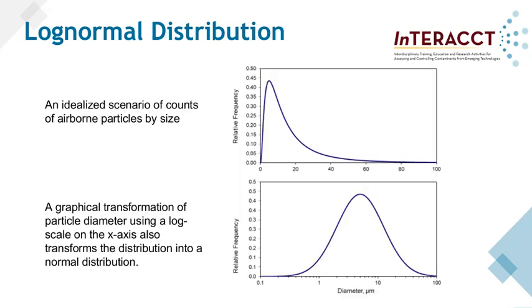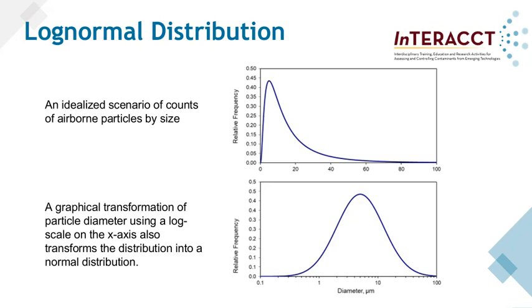Here are plots of an ideal scenario of the distribution of counts of airborne particles by size in micrometers. The top plot shows a skewed distribution with a mode, the most frequent number, of 5 microns, and a distribution that slopes to the right, with some particles even as high as 80 micrometers in size.